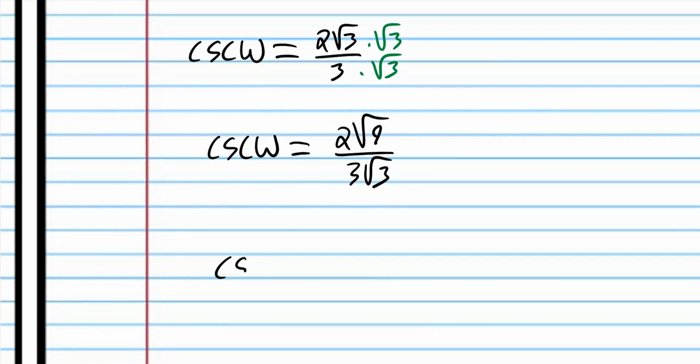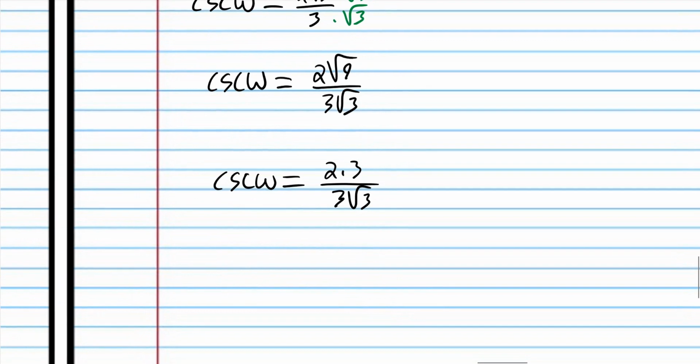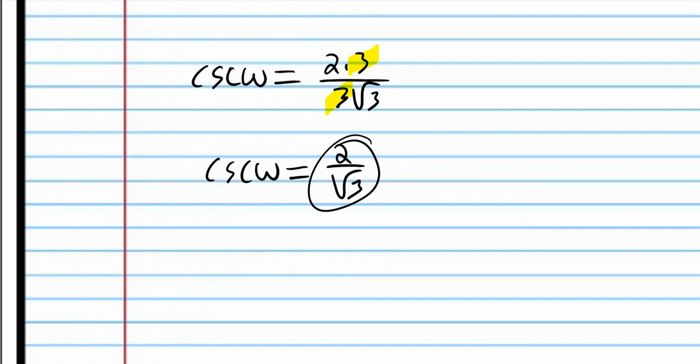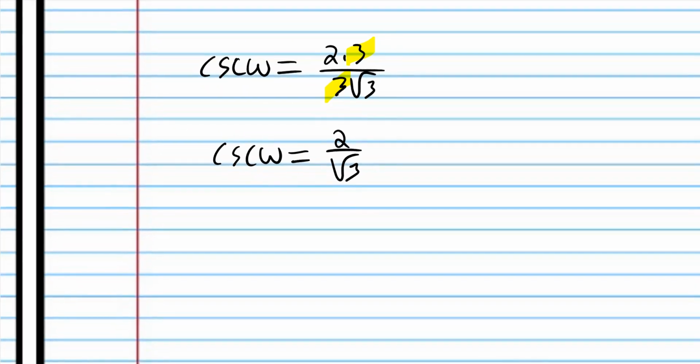And the square root of 9 is 3. And you can see where this is going. The 3's cancel out. And we get 2 over root 3. And again, this is a recognizable ratio. We have 2x and x root 3. So it's a 30, 60, 90 triangle.